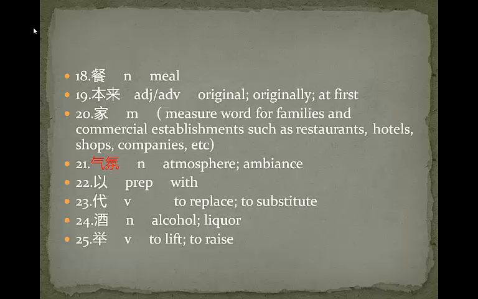I'm sorry, it's the first one. 气氛 means atmosphere or ambience. The first character 气, the basic meaning of it is air, so up in the air, atmosphere, so kind of related. And the second character 分 has qi as its radical.